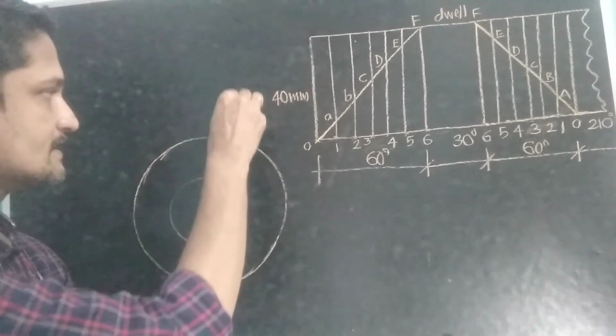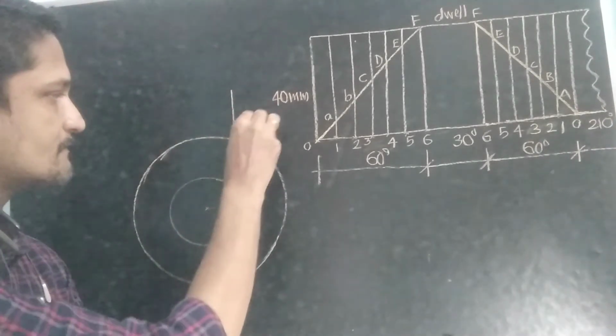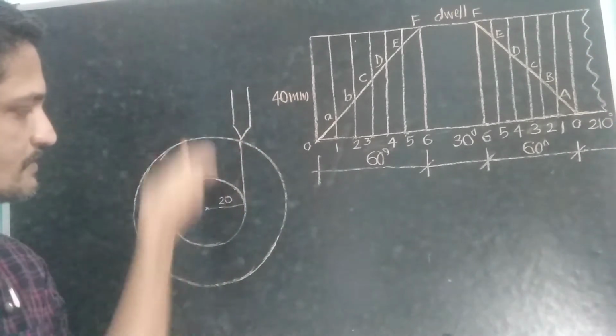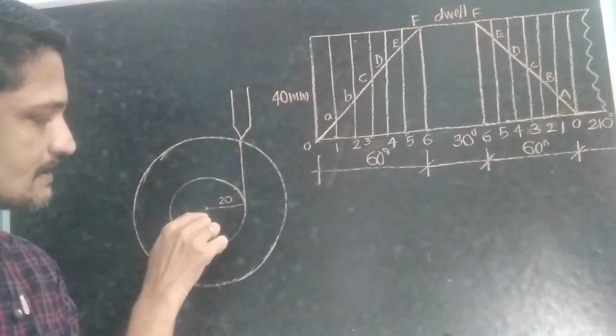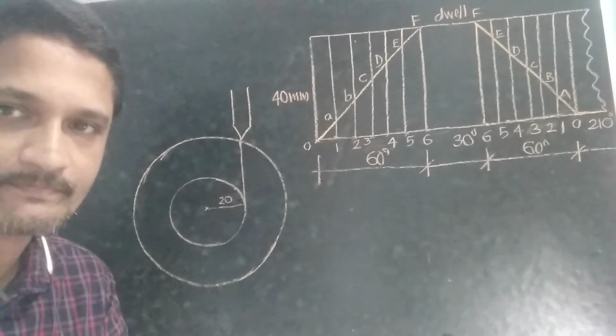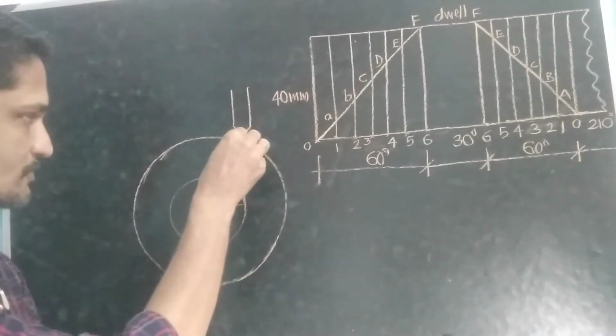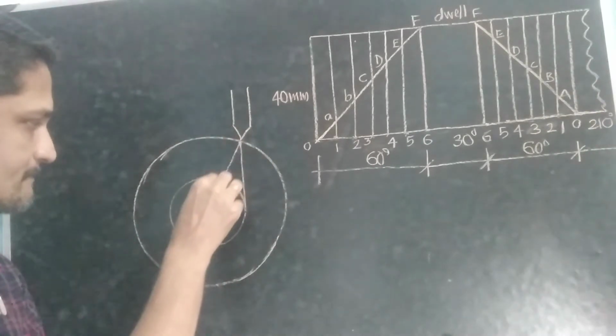So this is the initial position of the knife edge follower, and that axis is offset by 20 mm from the shaft of the cam. Okay, next, connect the center and the initial position by a construction line.